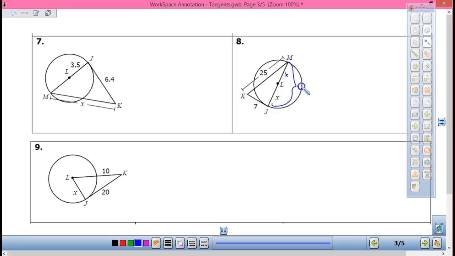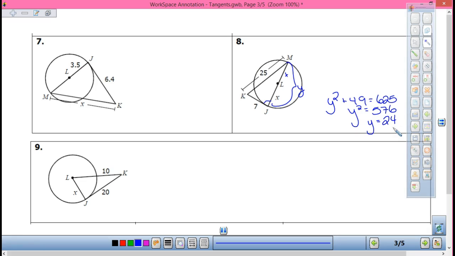So when we have that, let's make this whole thing y. Okay, so how are we going to set this up? Y squared plus x squared equals 625. Y squared is 576. So y is 24.